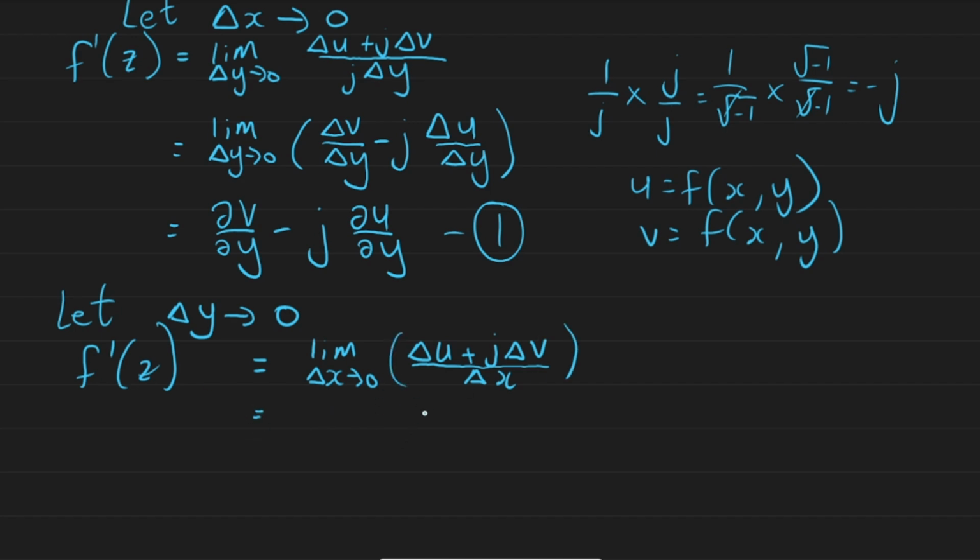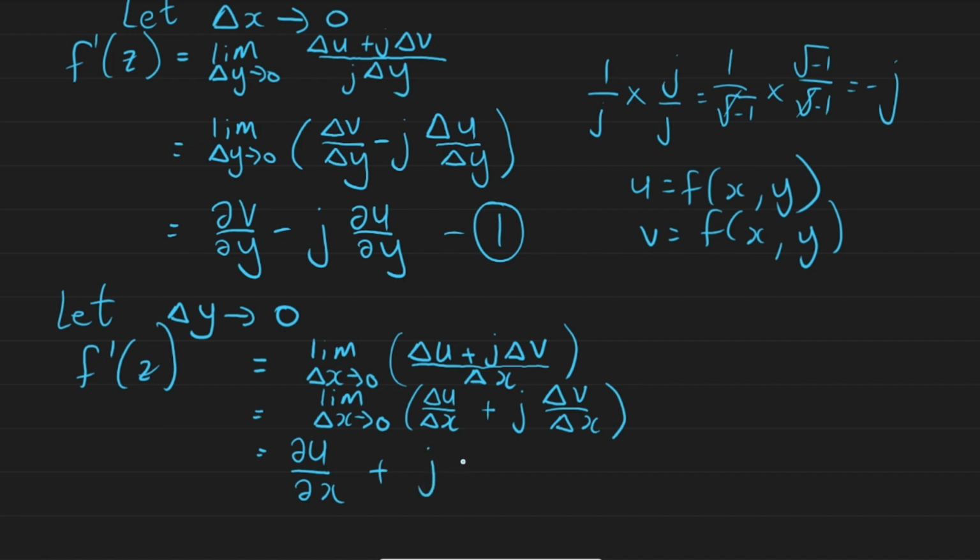We can divide it as we had done before. So that's the limit as delta x approaches 0 of delta u divided by delta x, plus j delta v over delta x. And in the same way, we get simply ∂u/∂x plus j ∂v/∂x.